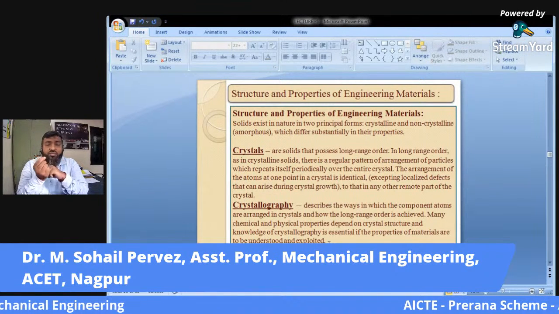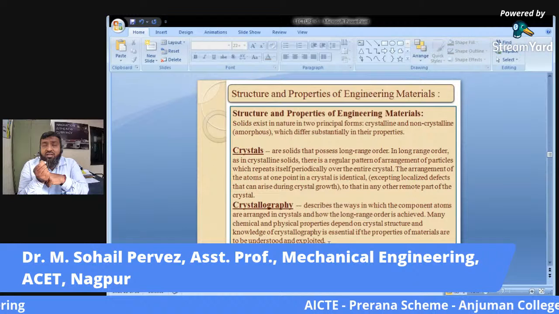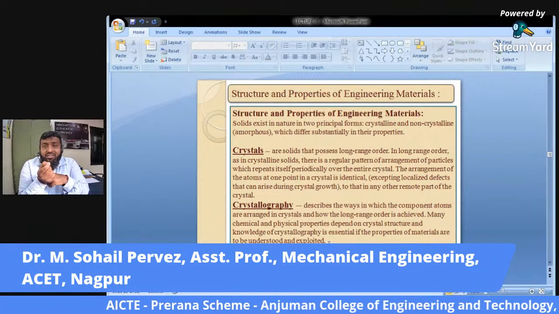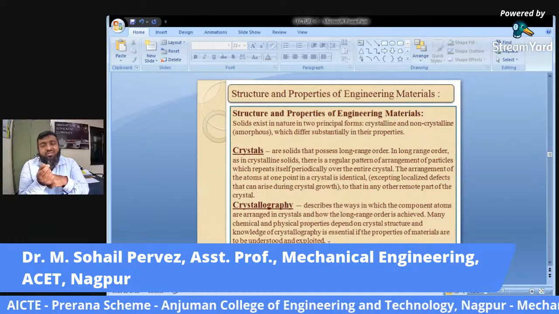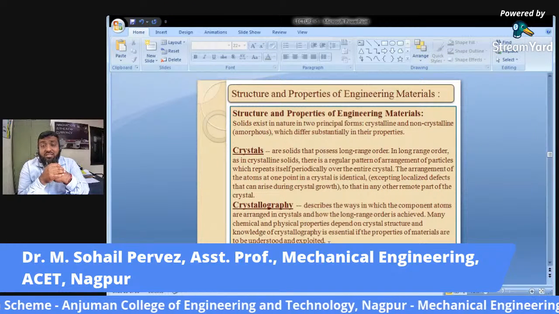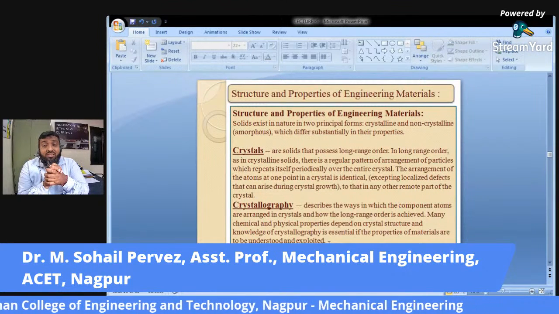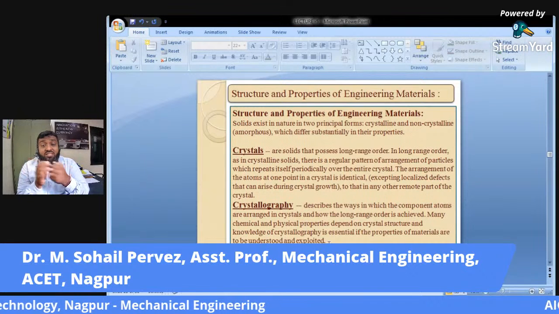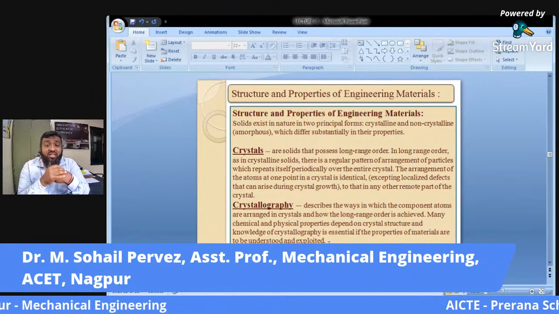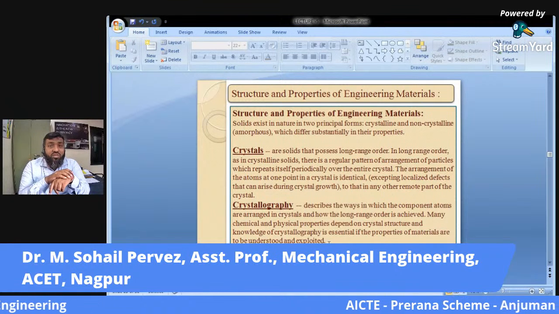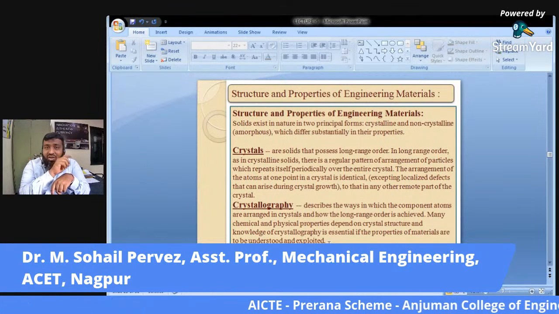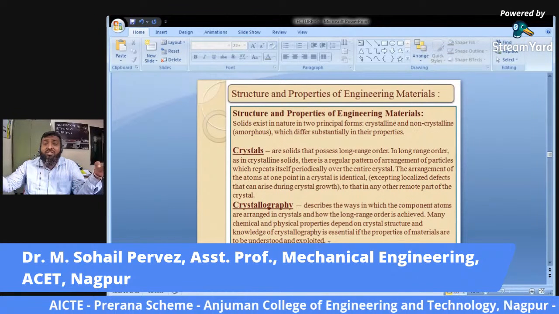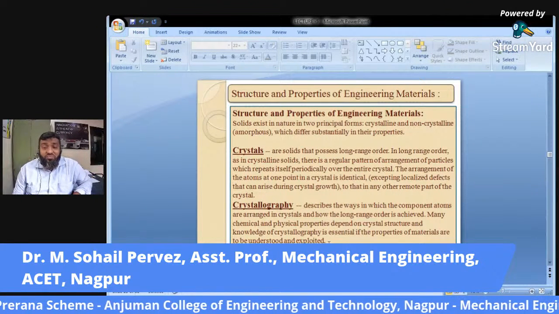Obviously, if you look at this particular sugar particle, from the top it is a small tiny particle, but it's a long range. As in crystalline solid, there is a regular pattern of arrangement of particles which repeats itself periodically over the entire crystal. So inside that small sugar particle, there is a large family of well-defined structure.